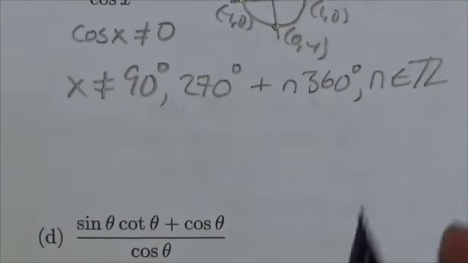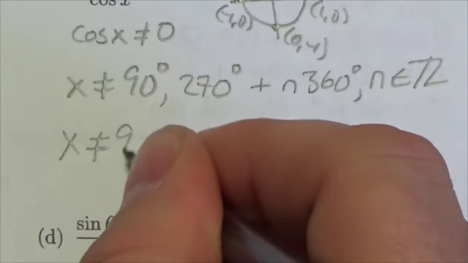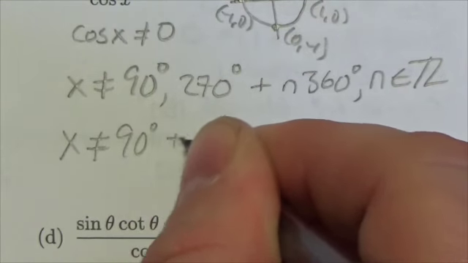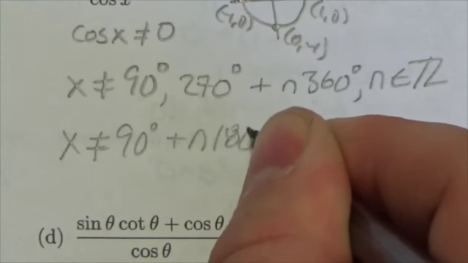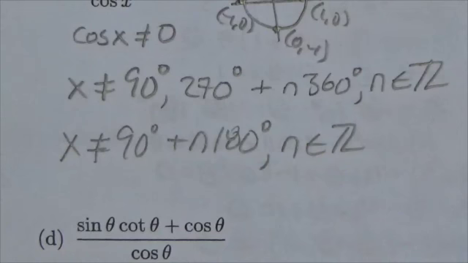So I can make this a little bit clearer by saying x can't equal 90 plus n times 180, where n is an element of the integers. And that will take the relationship between those two angles into account. That's just a slightly more efficient way of writing that answer.